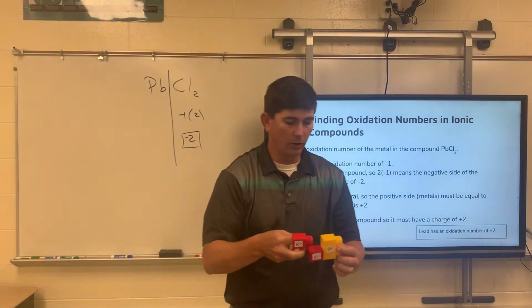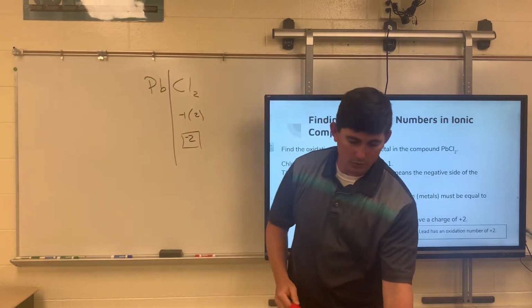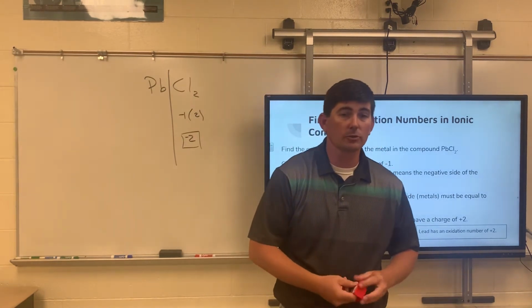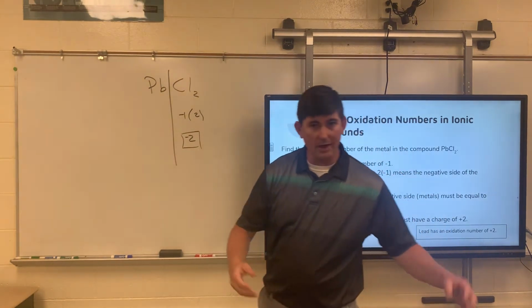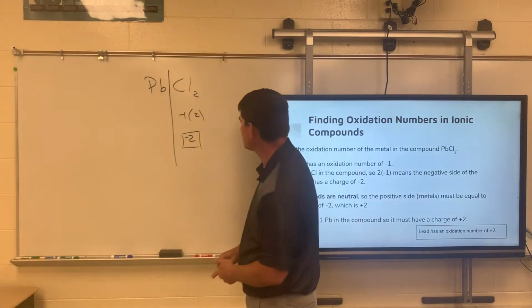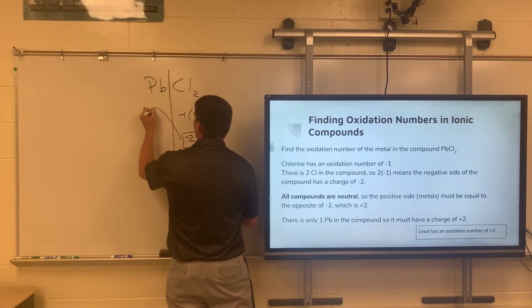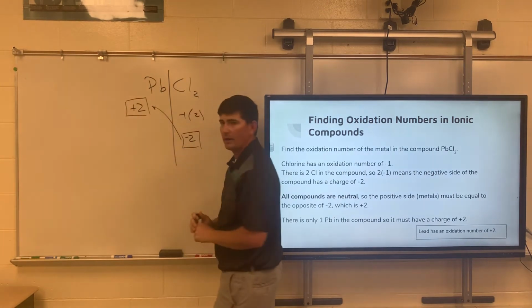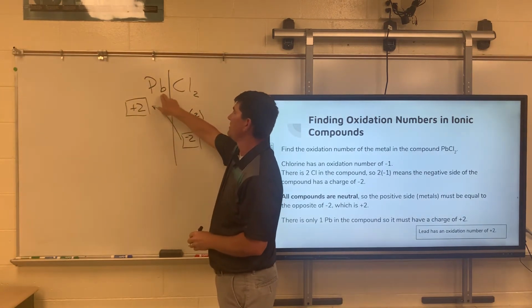What we're doing now is working with problems where we don't know the charge of the metal, so we don't know how many of them to put there, or we don't know how to write the name and go in the opposite direction. So if the chlorine side is -2, then the lead side would have to be +2, right? And then what we simply do is divide by how many of these guys we have.